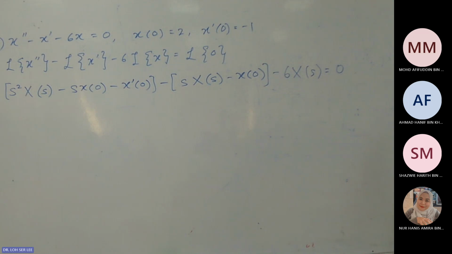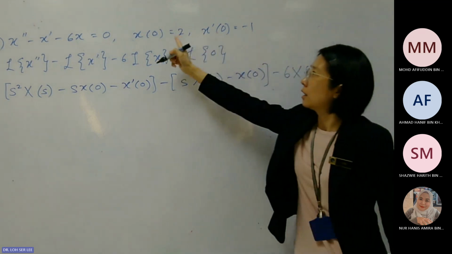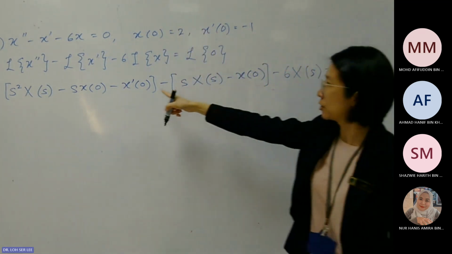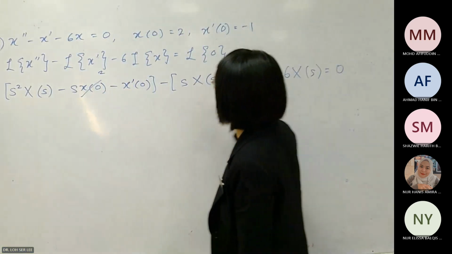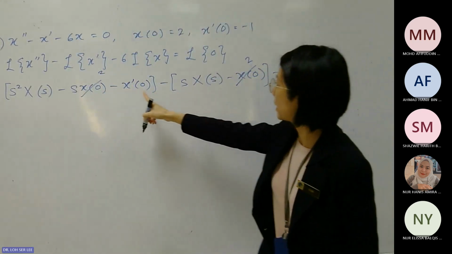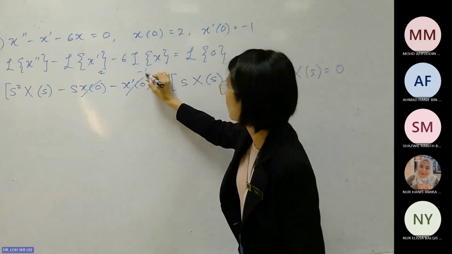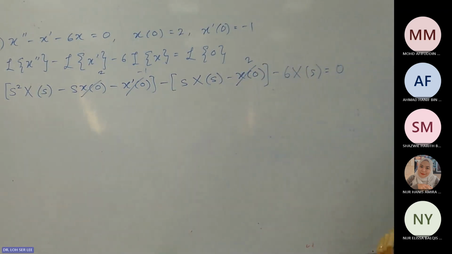Okay, so next what we do, we substitute the initial values into here. x0 is 2, and x prime 0 is negative 1. Okay, simplify.